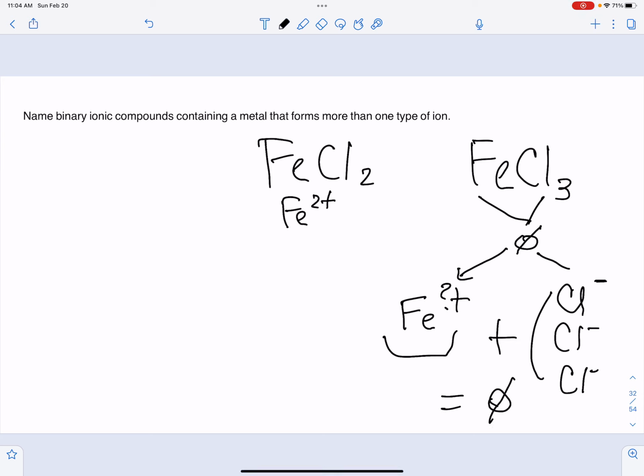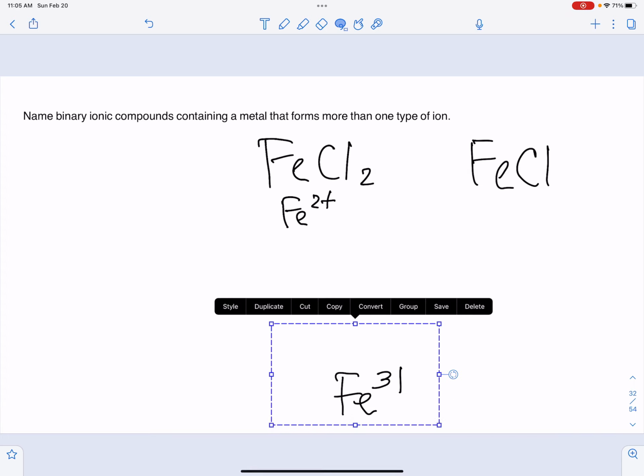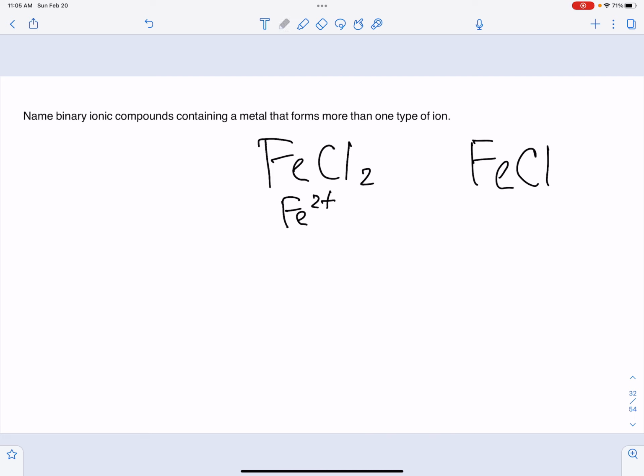So the only choice is that the iron is 3 plus. That's the important part. So I'm dealing with iron 2 plus on the left, and iron 3 plus on the right.